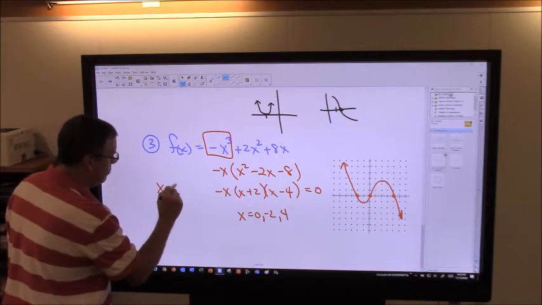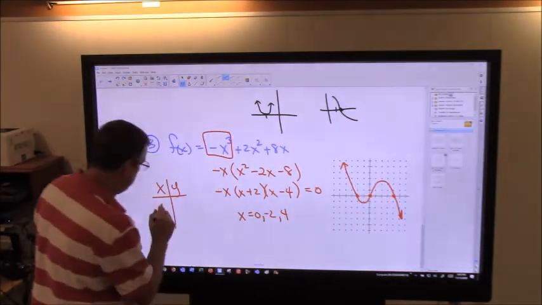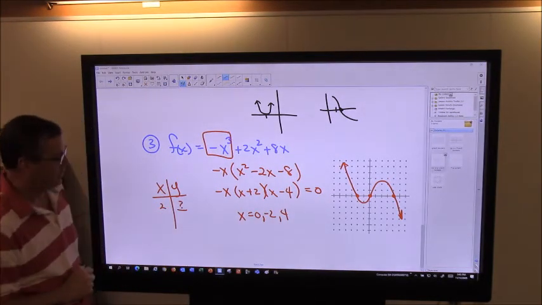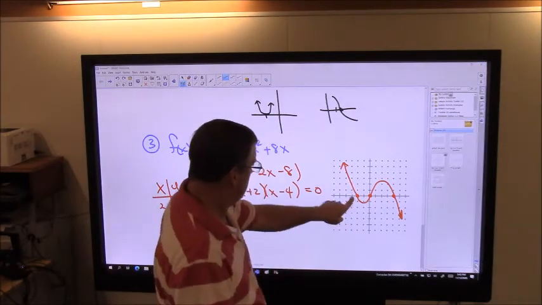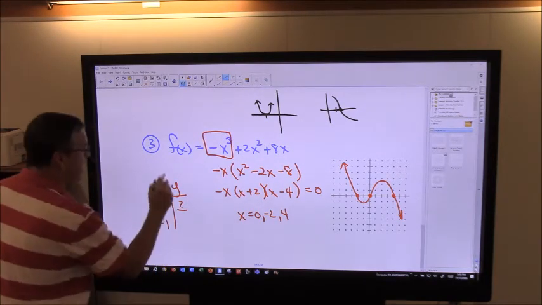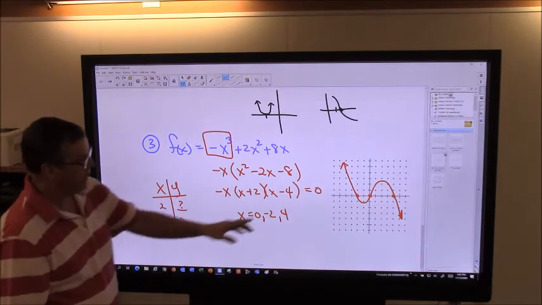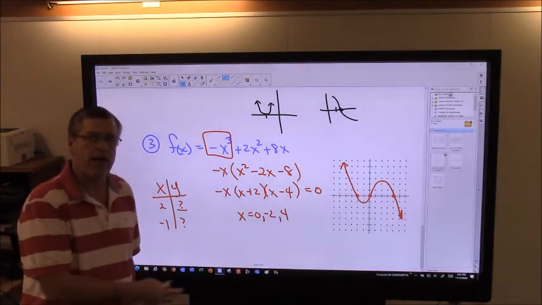So if I made an XY table, and I really want to know exactly where that is, I should plug in a number. If I look at this, I always choose what's halfway in between. Okay, negative 1, I should plug in a negative 1 back into this whole function and see what I get. And then I can plot those XY coordinates and I have a better graph than what I have now.